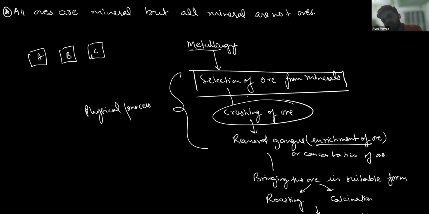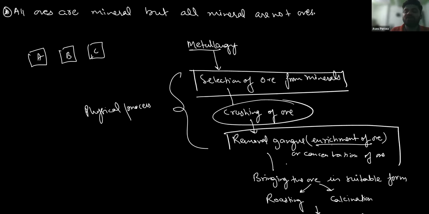Got it? Yes, sir. Okay, now moving to the next one, which is the removal of gangue. When you crush these stones, you cannot say that 100% of it is going to have only ore particles. It must have some impurities like silicate or soil. So we need to remove those.